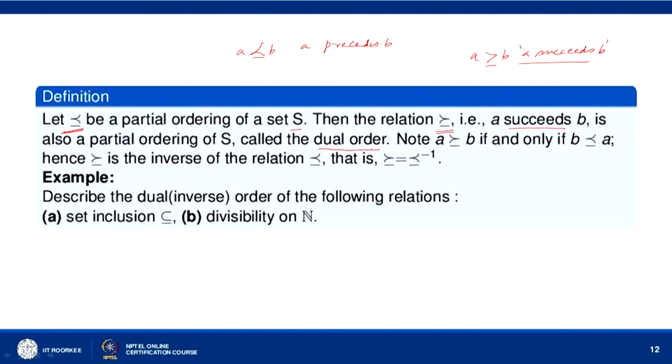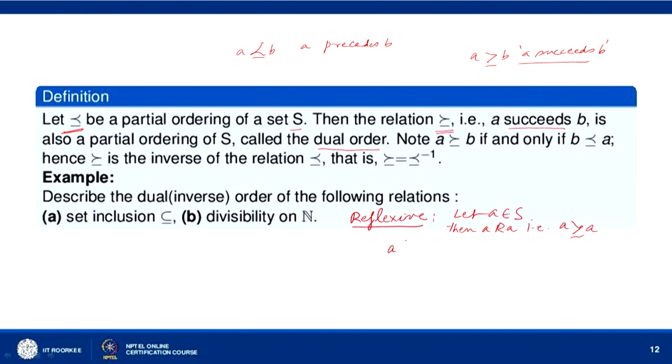First we show the reflexive property. Let A belong to S, then we have to prove that A is related to A. Now, this is already a partial ordering of the set S.